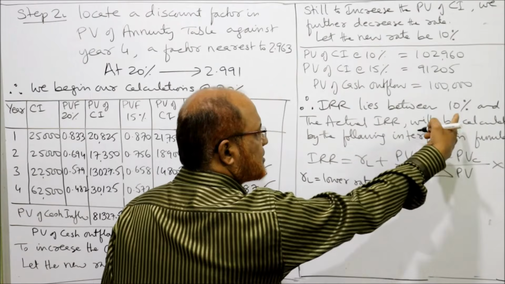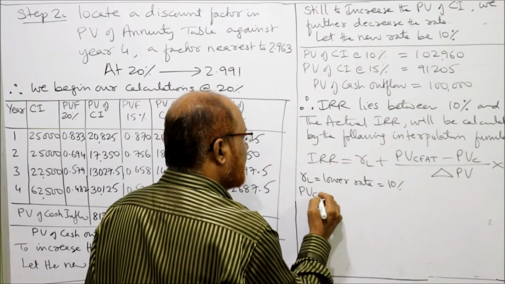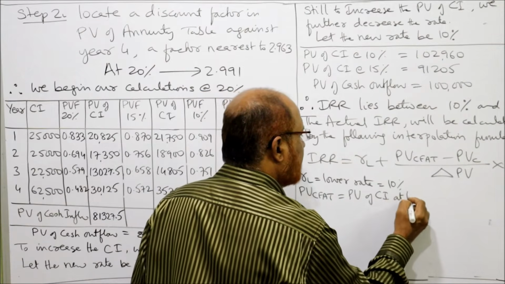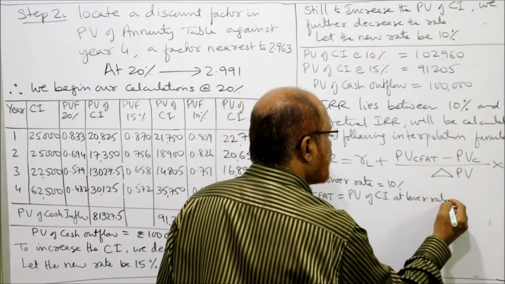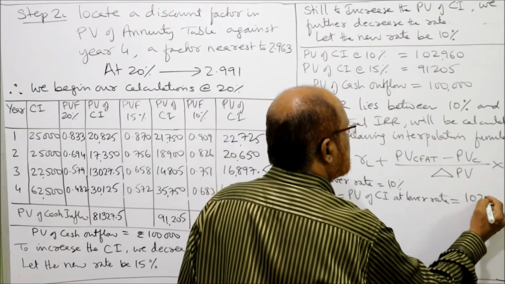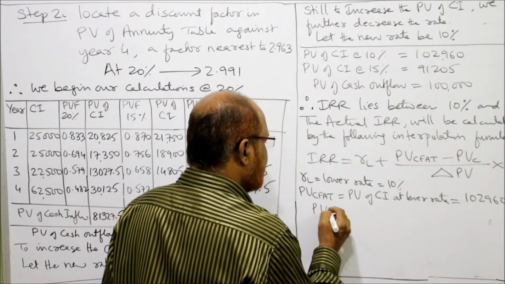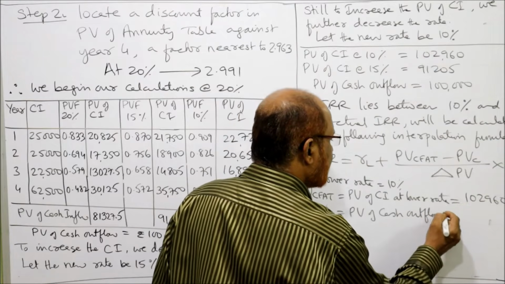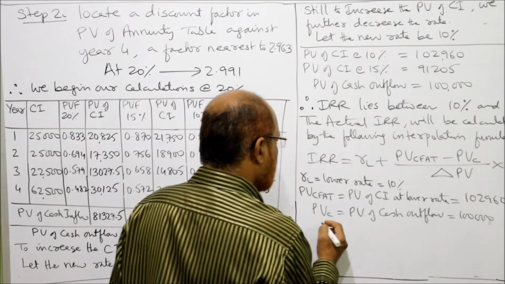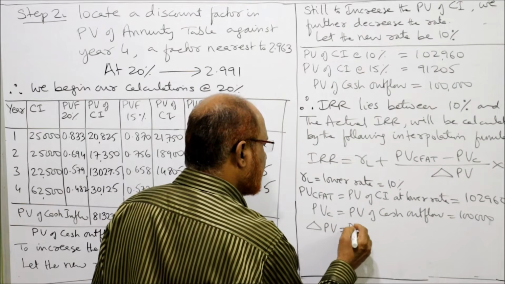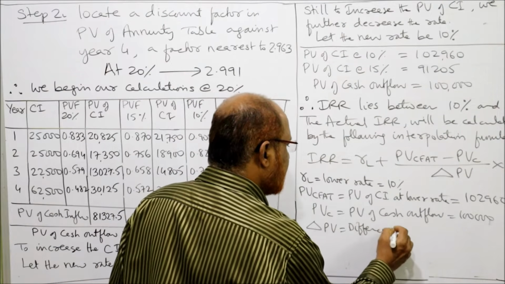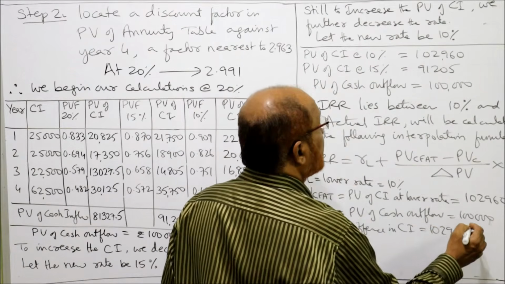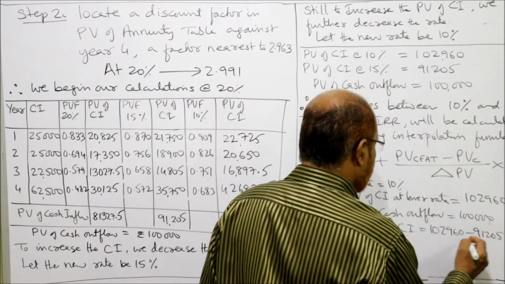Lower rate is 10%. Then PVCF80 is equal to PV of cash inflow at the lower rate, which is 1,02,960. PVC is equal to PV of cash outflow, which is 1 lakh. Delta PV, difference in cash inflows, 1,02,960 minus 91,205, that is 11,755.